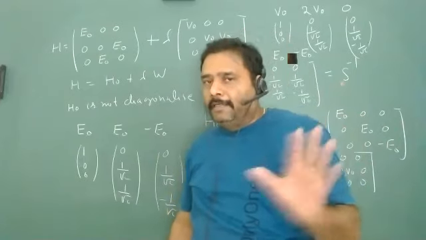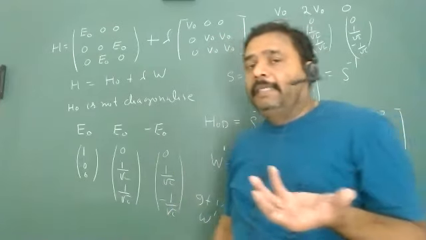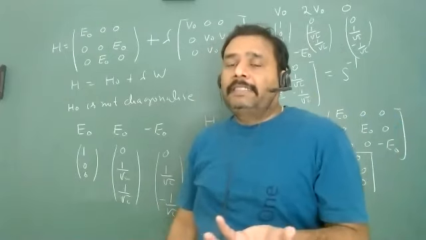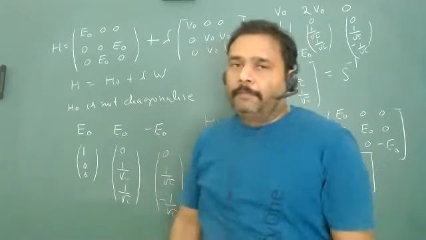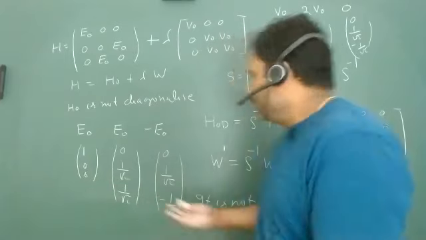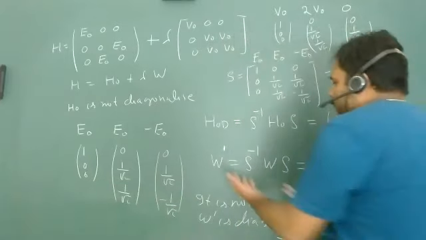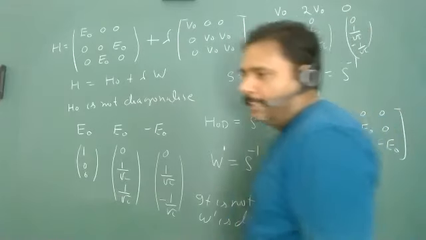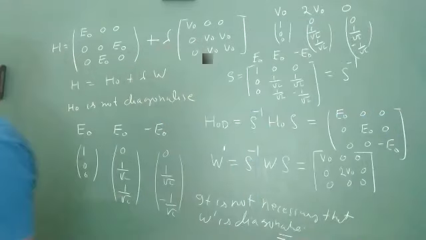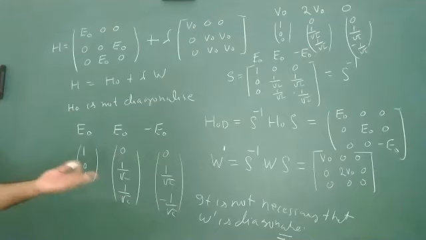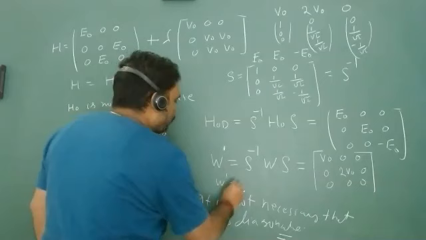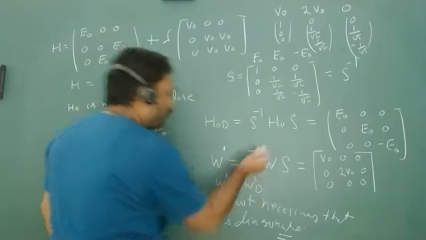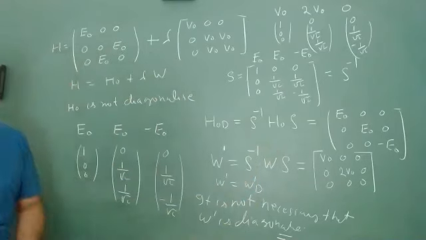But in general, it is not necessary that in the basis in which H naught is diagonalized, W dash is also diagonalized. We will see in the next problem. We are lucky enough that we get W dash diagonalized.